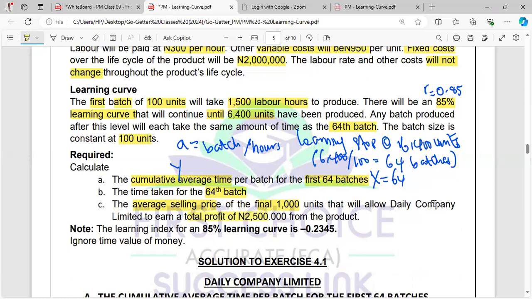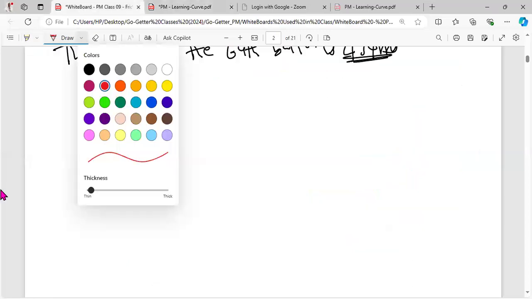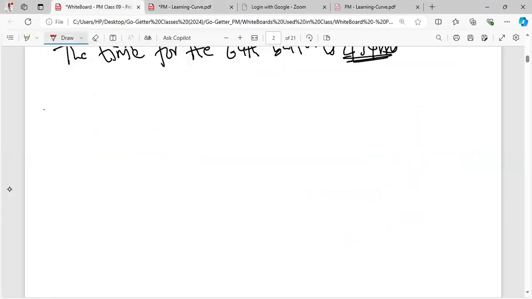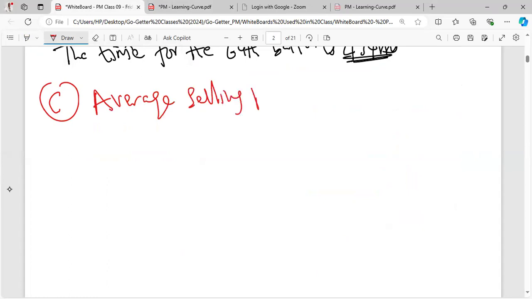Okay, so we're going to be looking at it here. The C part, average selling price for final 1,000 units.